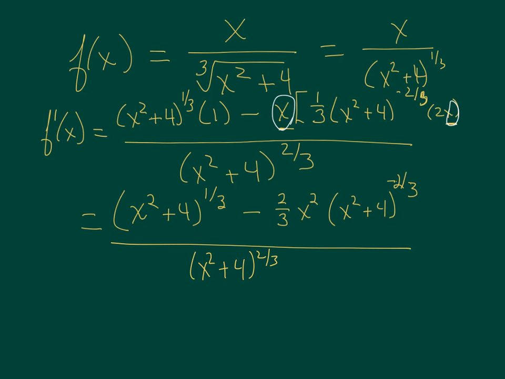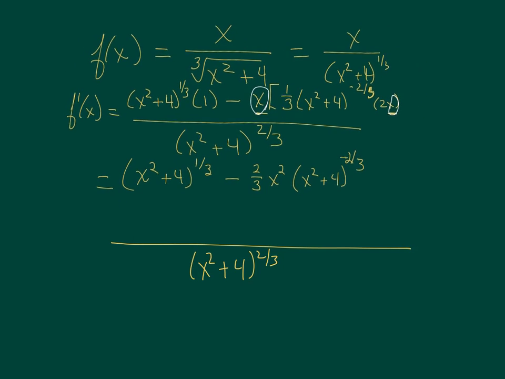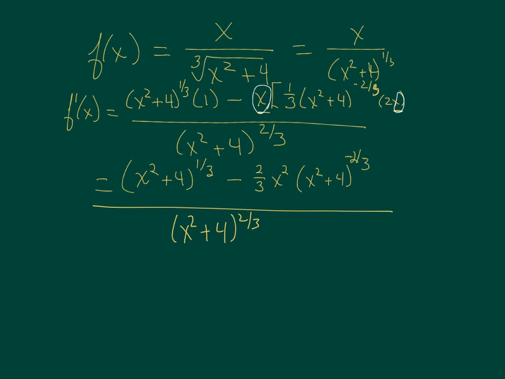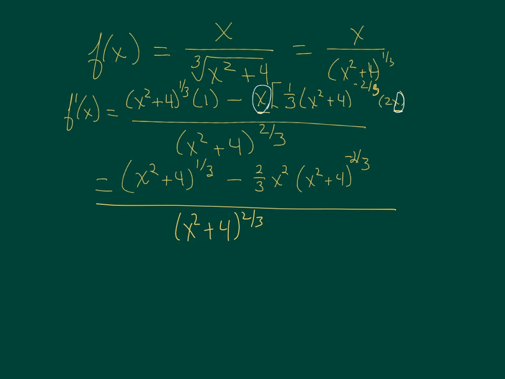All right, so what's common to both terms on the top? x squared plus 4, and we always factor out the lowest exponent. So I'm going to factor out x squared plus 4 to the negative 2/3. And we're left with, now, 1/3 minus a negative 2/3 gives me 1, right? 1/3, we're dividing out the negative 2/3.